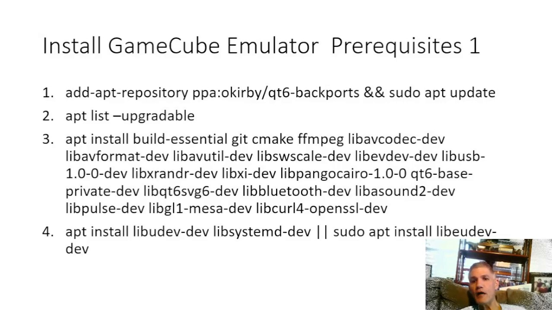Here is the repository we're going to have to add, okirby/qt6-backports, and then we're going to run the update command. We're also going to run sudo apt upgrade in case we need to upgrade any packages, and we're going to install the following packages, which are required to upgrade the GCC compiler to version 11.